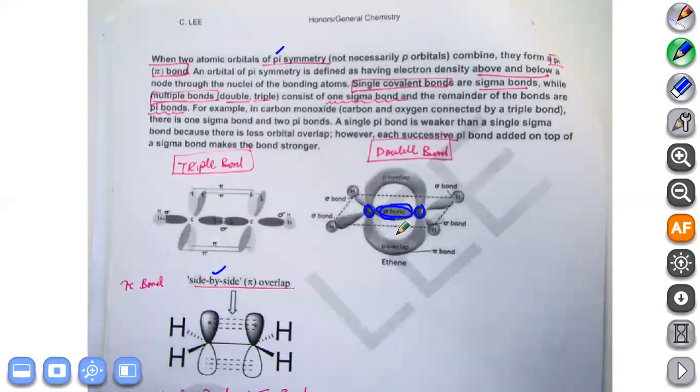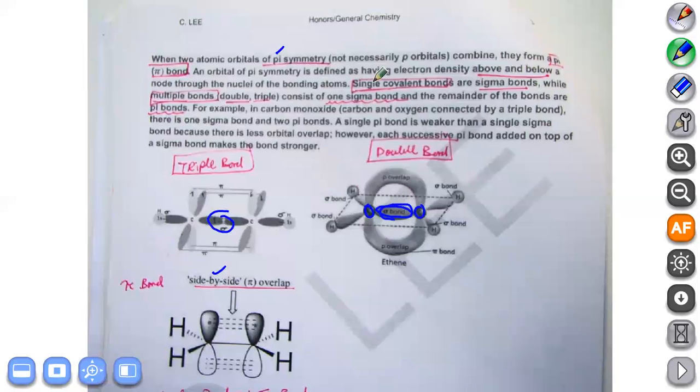When you have a triple bond, like here, you have the first bond being a sigma bond, then the second bond of the triple bond would be one set of two overlapping regions. And then the third one, the last one of the triple bond, also has two overlapping regions. So collectively, this would be a triple bond, and this would be a double bond.